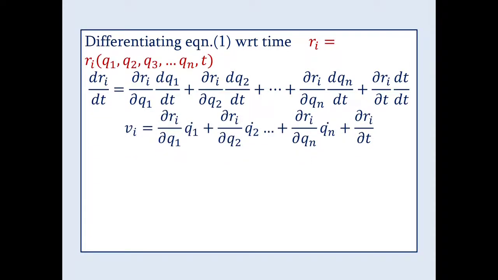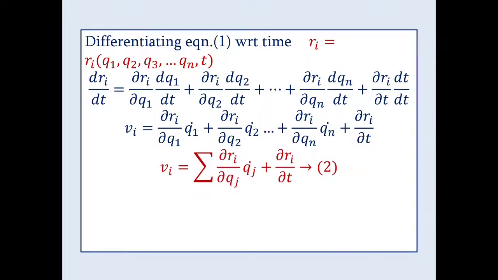In classical mechanics, a one-time differential is written as a dot, and we know Ri is the position vector. So the differential of this position vector with respect to time will give us velocity, that is Vi equals dou Ri by dou q1 into dq1 by dt, written as q1 dot, plus dou Ri by dou q2 into q2 dot plus dou Ri by dou qn into qn dot plus dou Ri by dou t.